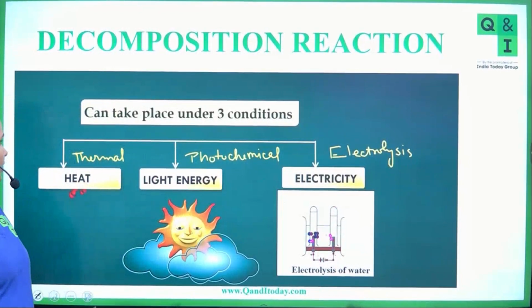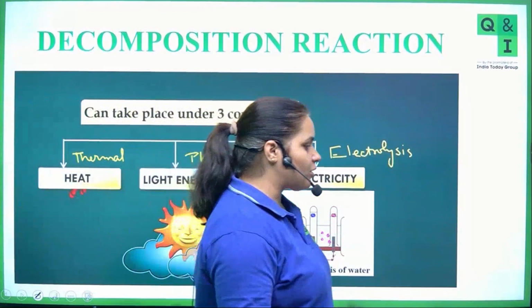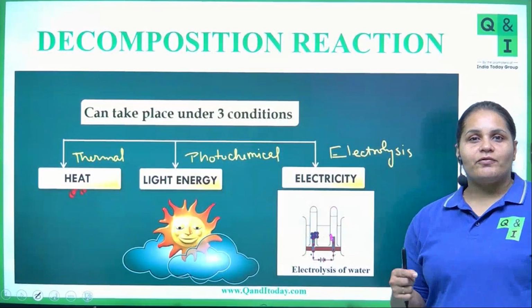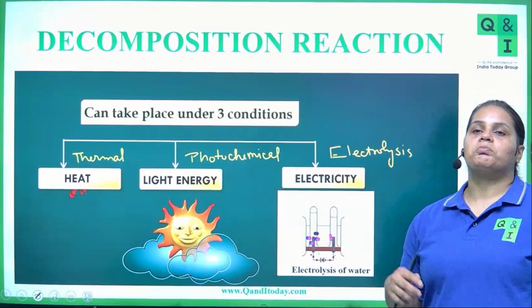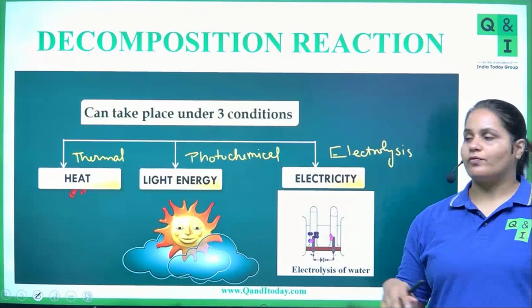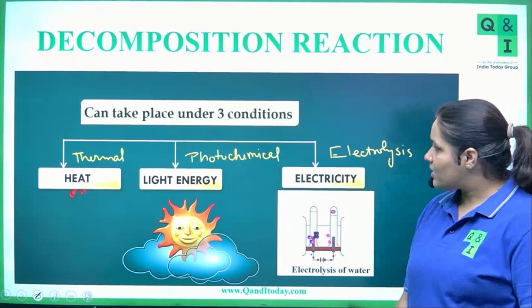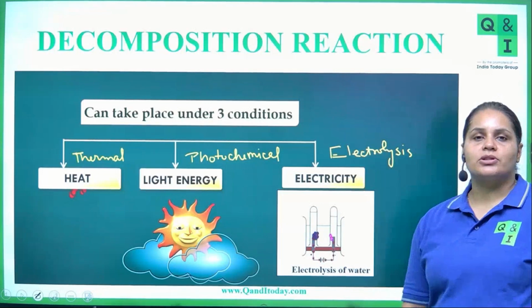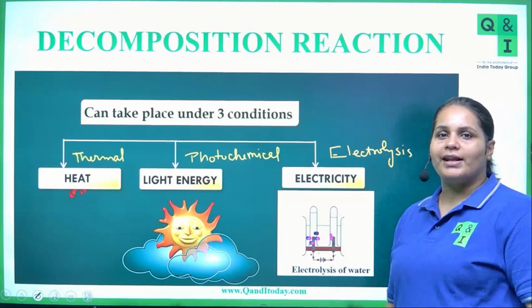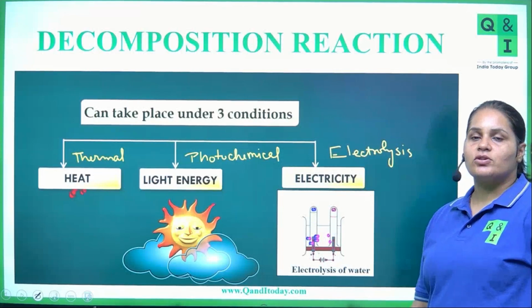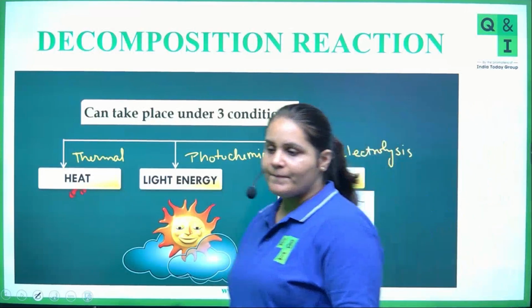So here we got three different types of decomposition reaction based on the type of energy required. First is thermal decomposition, which takes place in the presence of heat. Second is photochemical decomposition, which takes place in the presence of light. And third, electrolysis, which takes place in the presence of electricity. Clear? Please note down.